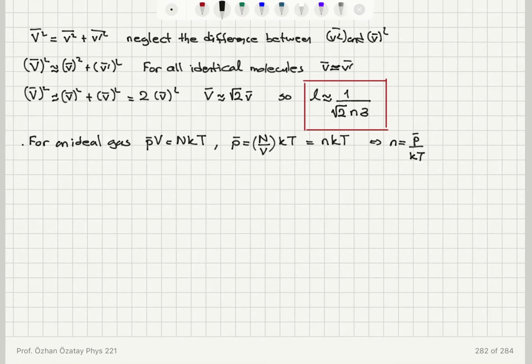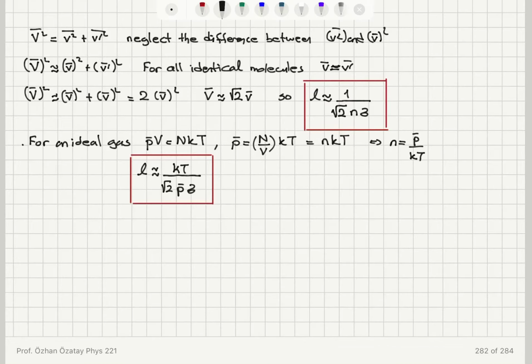So if we substitute this result here, we can see that the mean free path is kT, the thermal energy, divided by square root 2 times the mean pressure times the total scattering cross section. So basically this gives us a very good idea about what controls the mean free path.